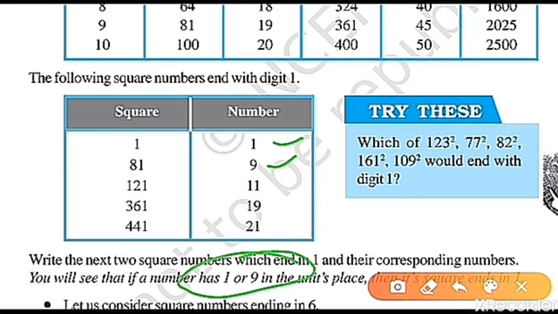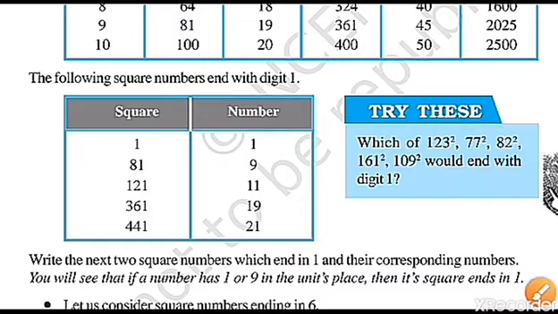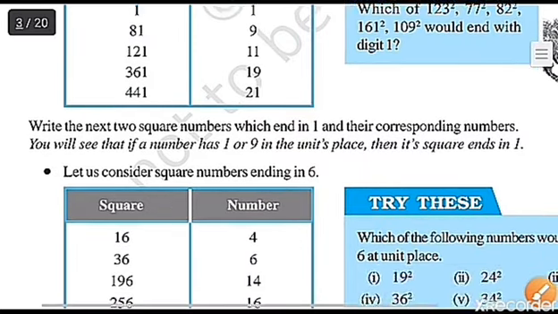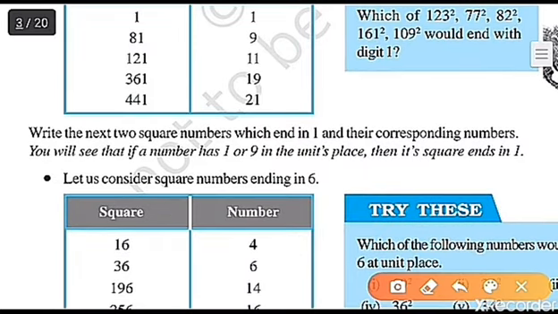So 9 and 1, these two numbers contain 1 and 9 at their end, and if we square them, both squares will end with the digit 1.